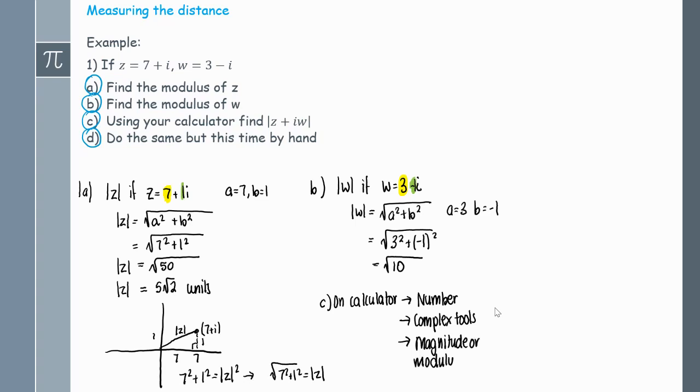Once you find that, you can just type in z plus iw, which is 7 plus i times 3 minus i. Press equals and it should spit out the modulus of this giant number. We're going to do it by hand.